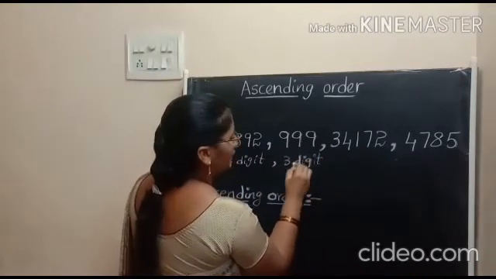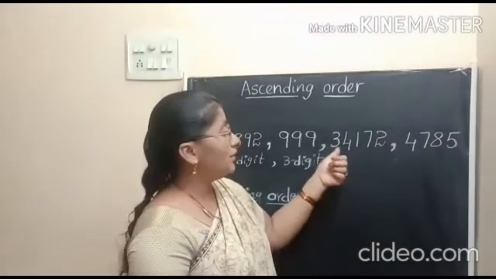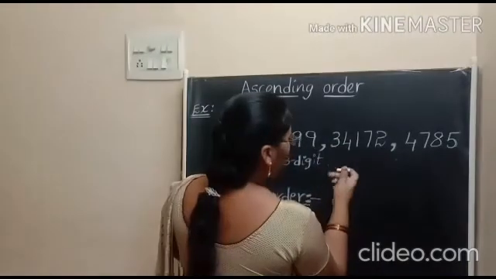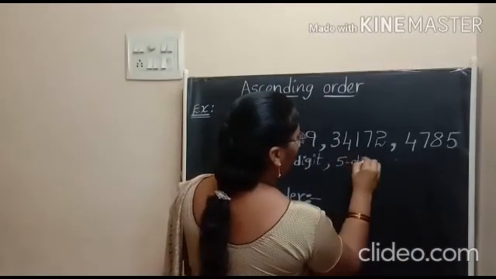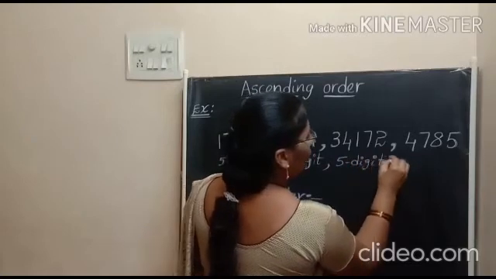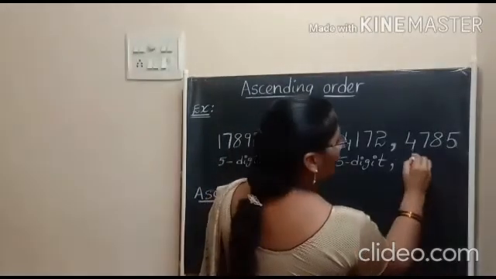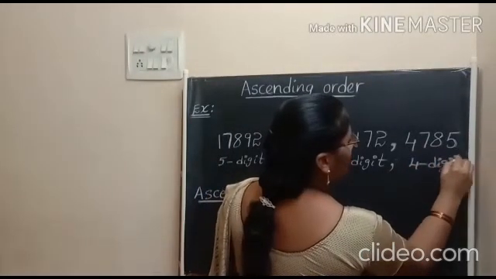The next number has 5 digits. In the last number, we have 4 digits.